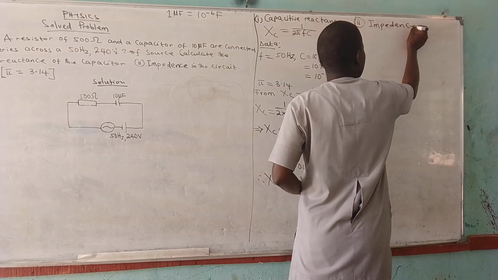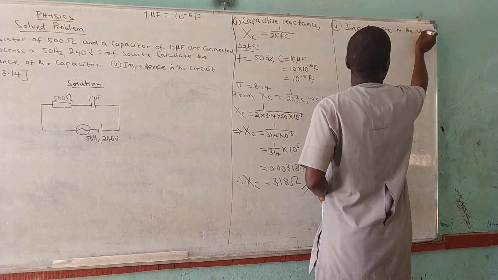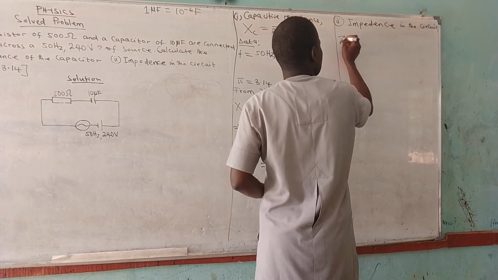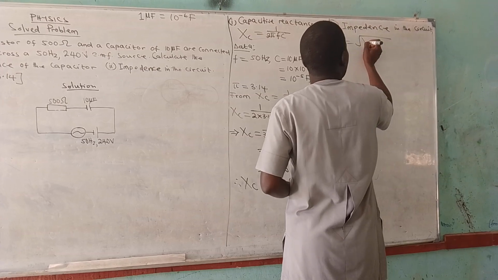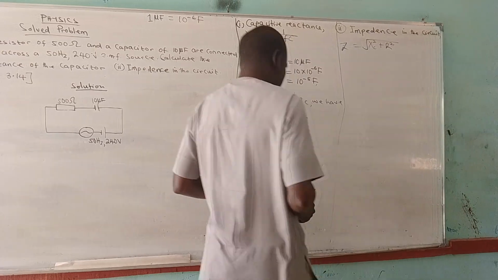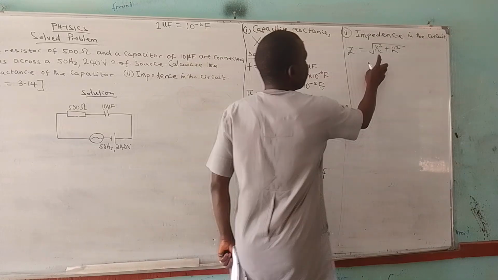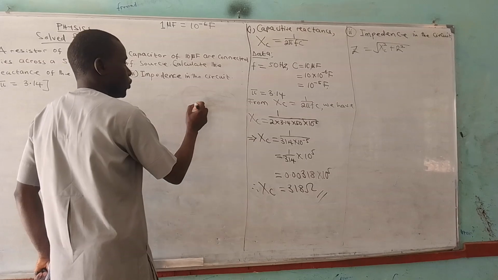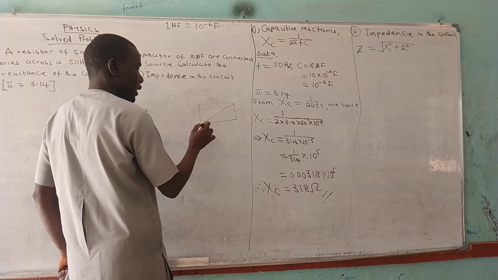So the impedance in the circuit, denoted by Z, is given by the formula Z equals square root of Xc square plus R square. That is the capacitive reactance square plus R square. We obtained it from the diagram. Look at this here. You see, we have something like this.